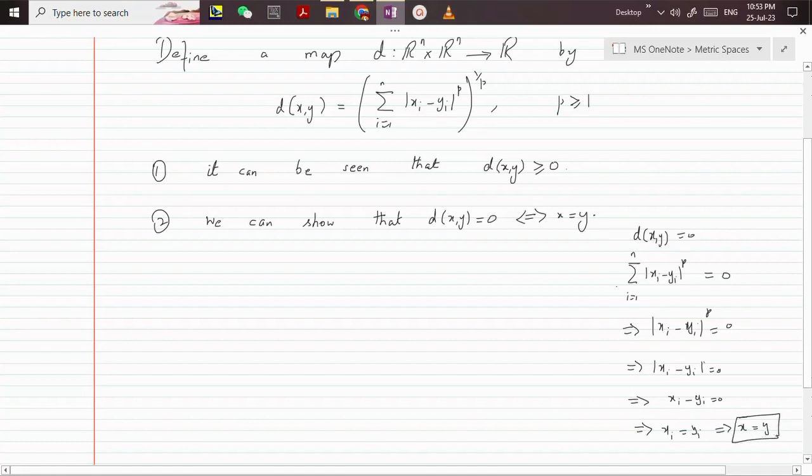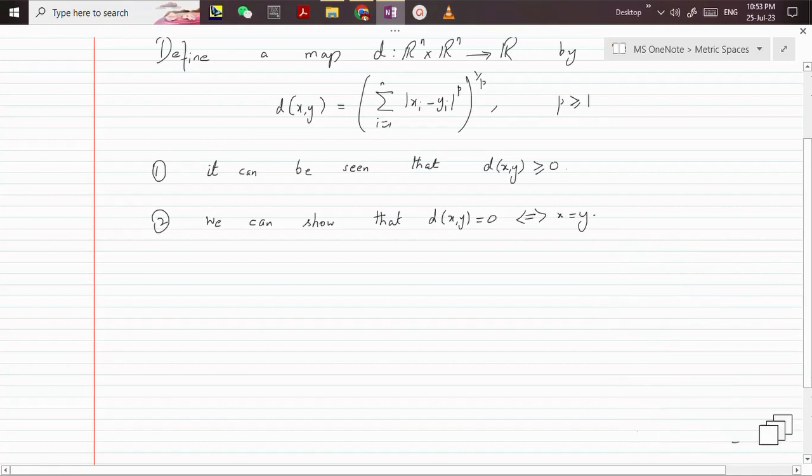By following this you can go in the reverse direction to prove that when x equals y, then D of xy equals 0. So this is done. Now number 3, the symmetricity of D. It can be done very easily, and you can prove that D of xy equals D of yx as before.